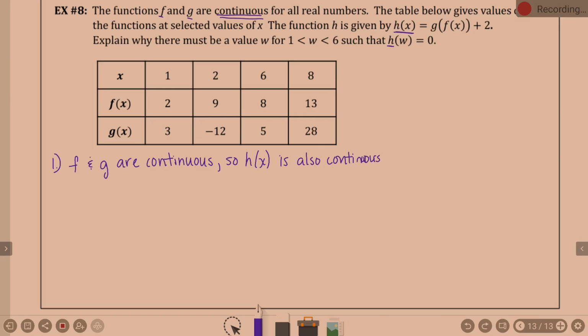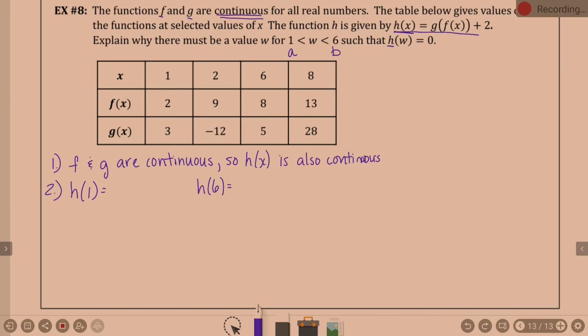Step 2. What do we need to know about then? H of A, H of B, and A and B are 1 and 6. So I need H of 1 and H of 6. So H of 1, how do we find H?